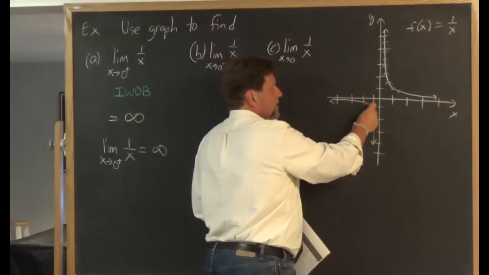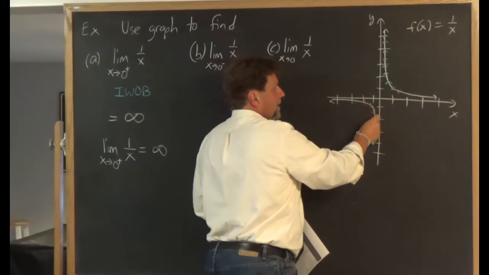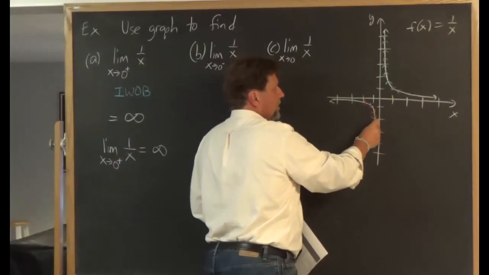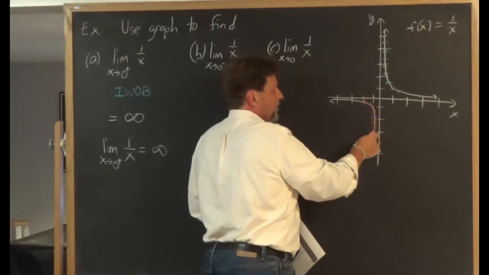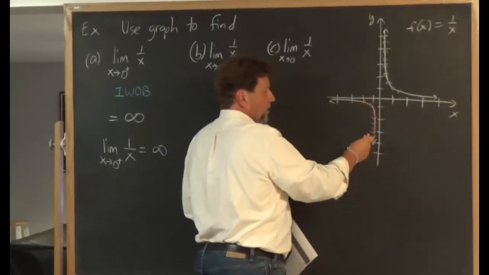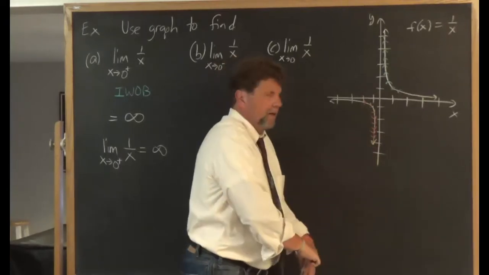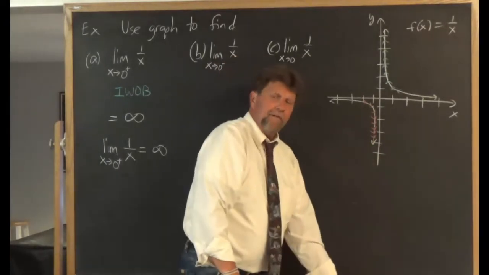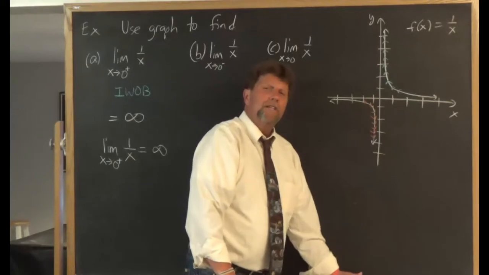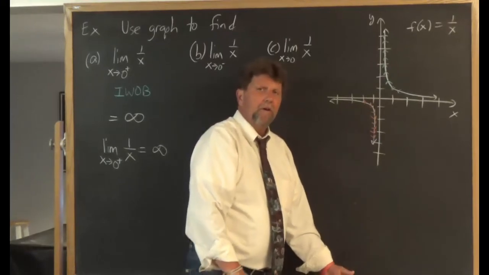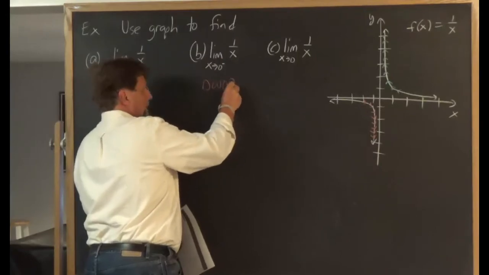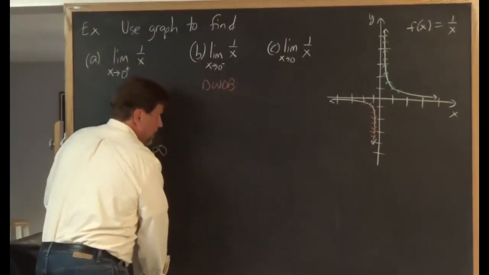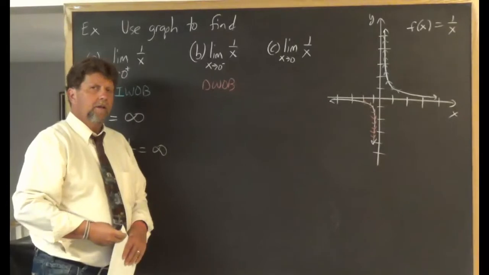And it looks to me that when I get closer and closer to 0 from the left side of 0, those y values are decreasing. They're going to keep going on forever and ever. They're decreasing without a bound, or DWOB.